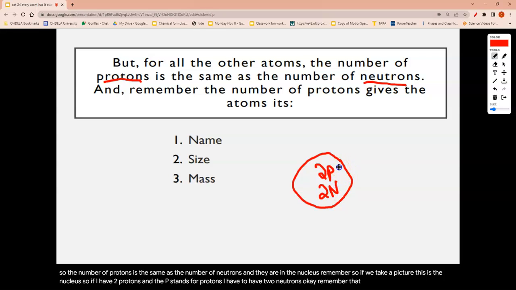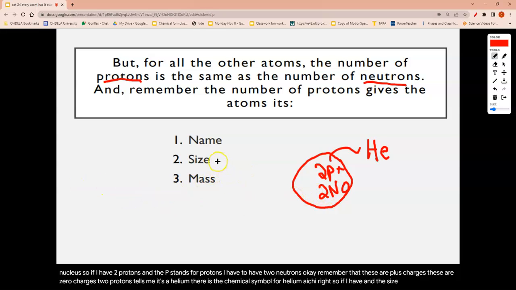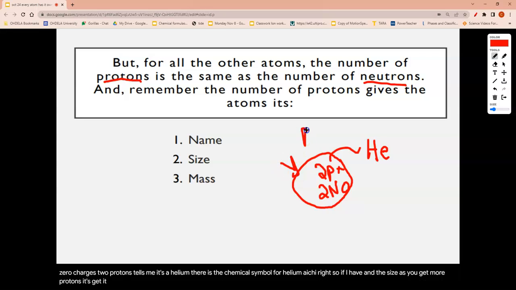Remember that. These are plus charges. These are zero charges. Two protons tells me it's a helium. There's the chemical symbol for helium, He. And as you get more protons, it gets bigger, and it gets heavier.